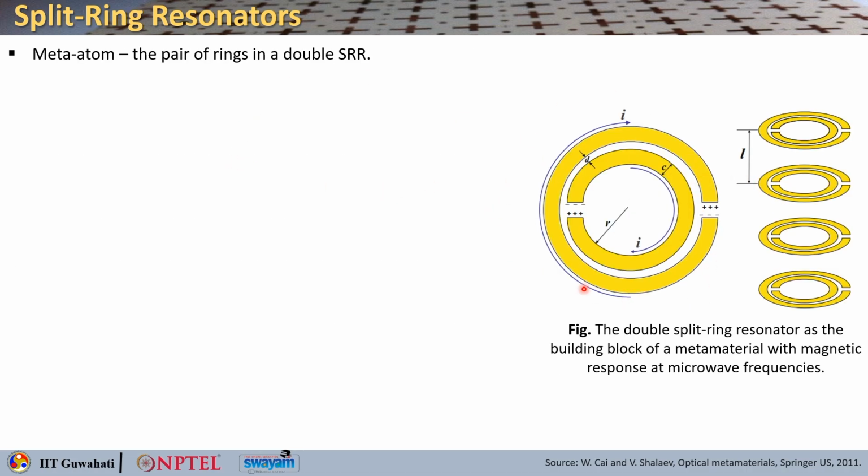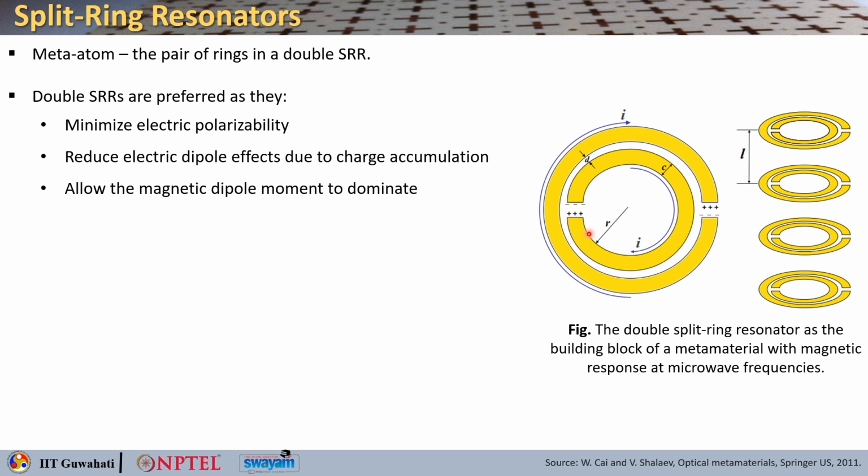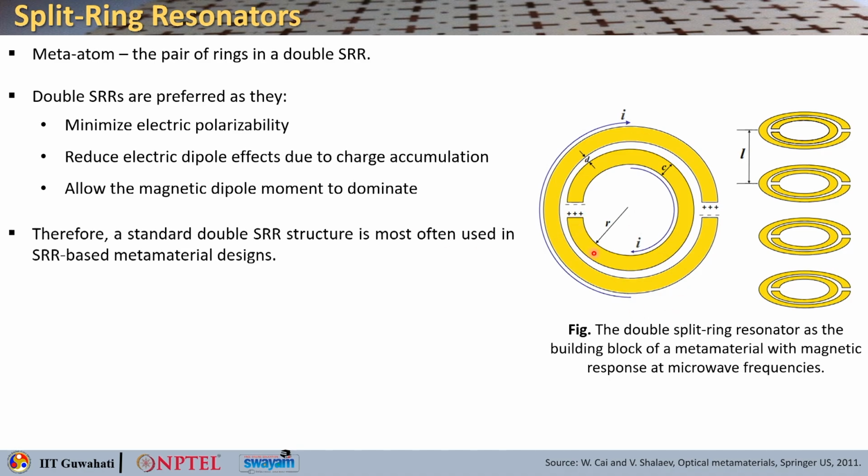So, let us consider this particular design, which is a double split ring resonator, nothing but a pair of rings that is considered as the meta-atom. So, why are double split ring resonators preferred? Because they minimize the electric polarizability, and they also reduce the effect of the electric dipole, because two opposite dipoles are created, and in that case the magnetic dipole moment will be able to dominate.